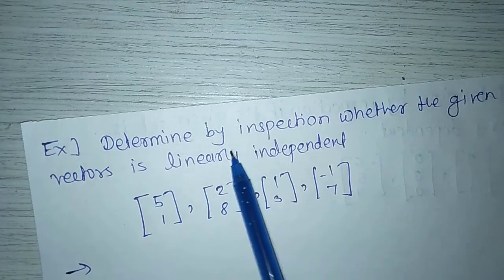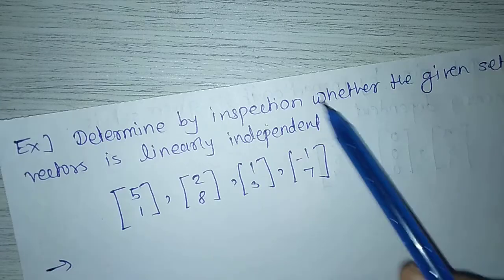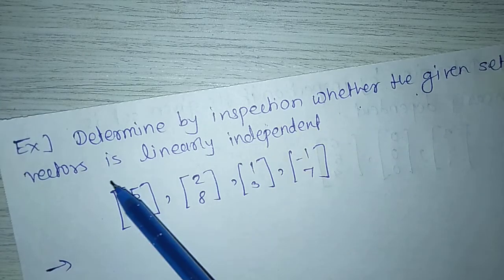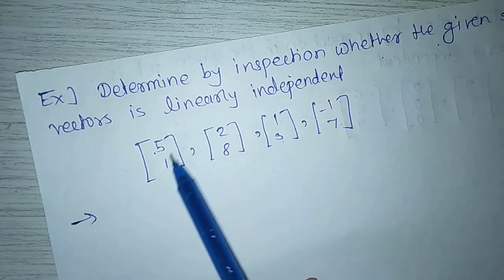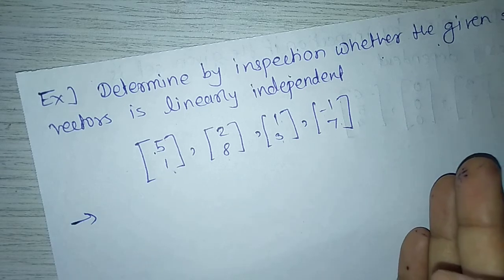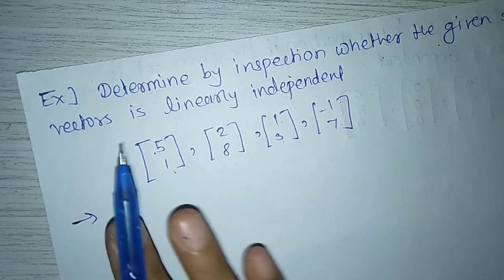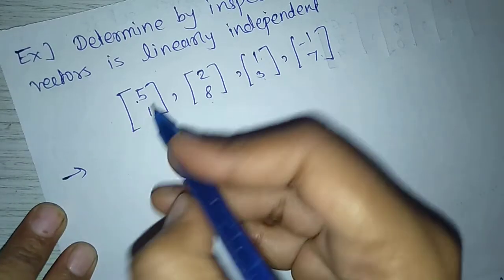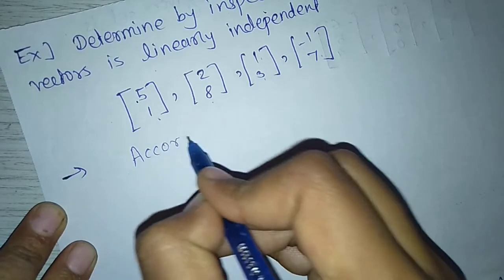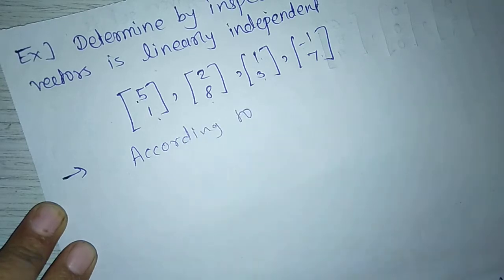Next example, determine by inspection whether the given set of vectors is linearly independent. 5, 1, 2, 8, 1, 3, minus 1, 7. These vectors belong to R2 and the number of vectors is 4. According to the above theorem, suppose we name it star.